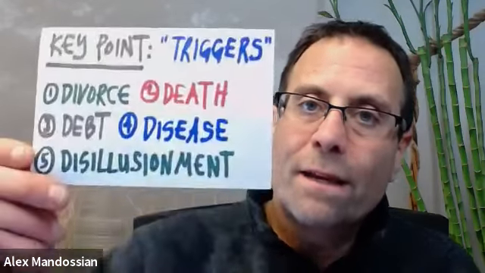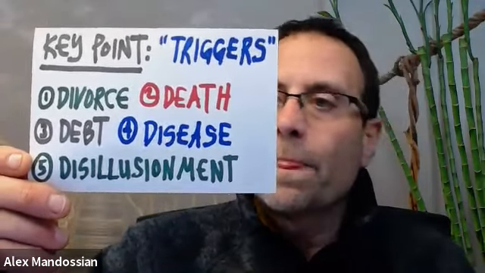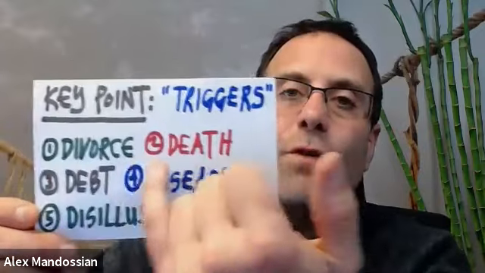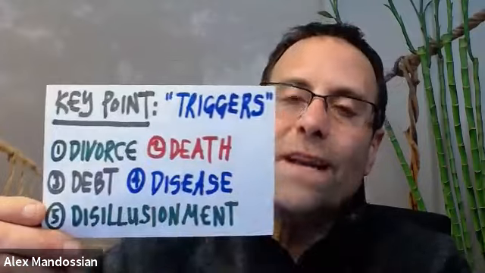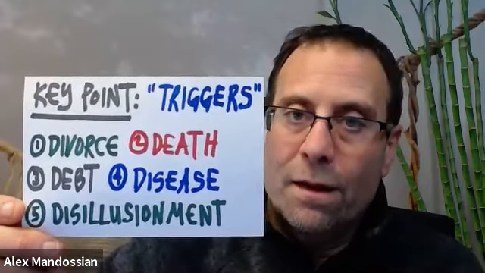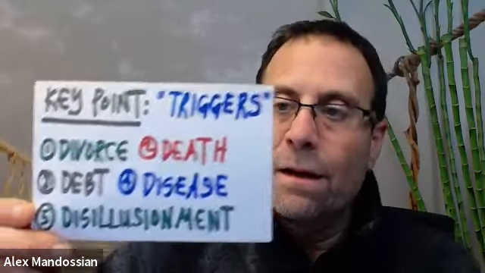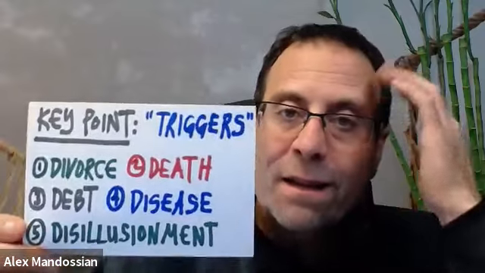That's persuasion. Now, key point, triggers is if you're doing real estate and you're selling a home, usually what motivates people to buy or to sell is a divorce, a death, high debt, any kind of disease. Someone has a disease and they're going into the hospital.